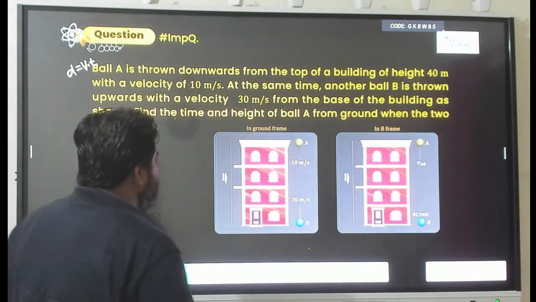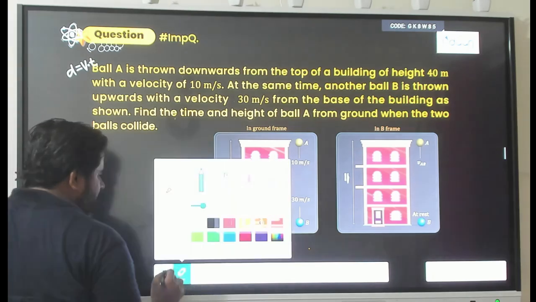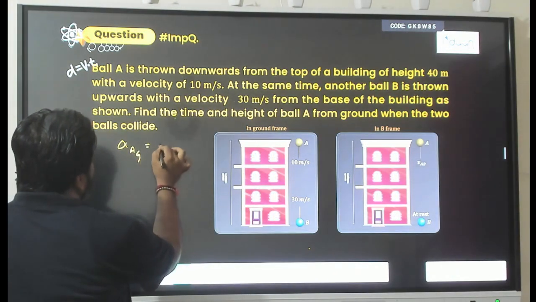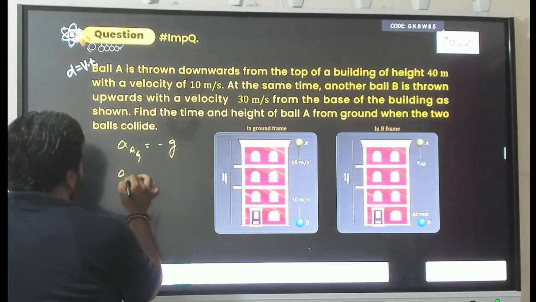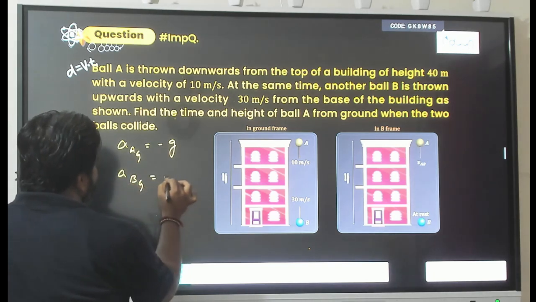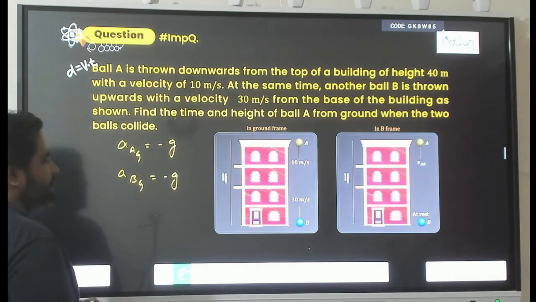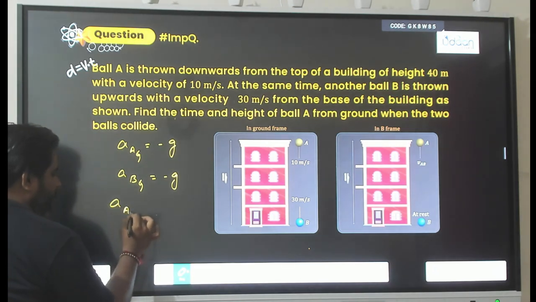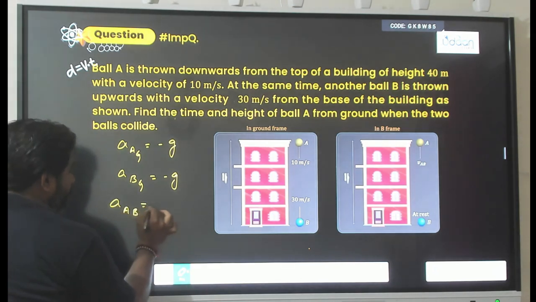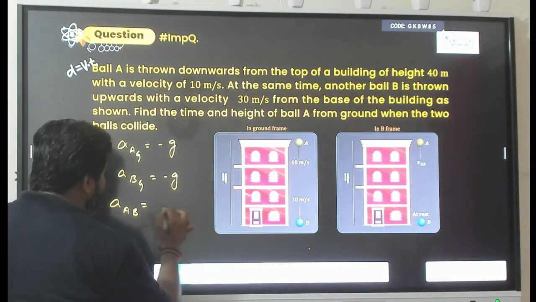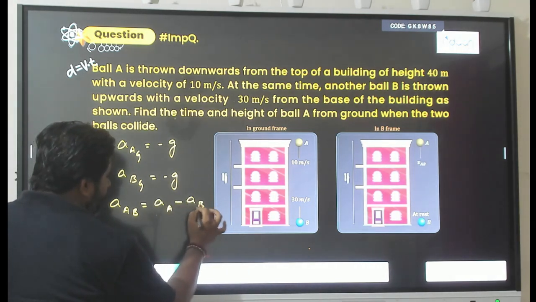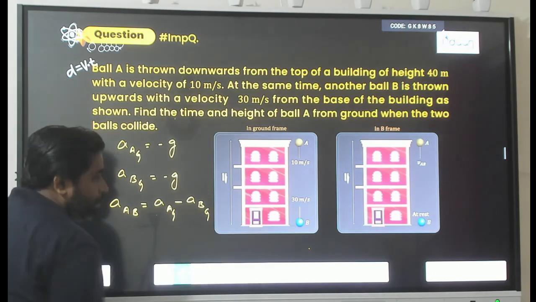Both are under the influence of acceleration due to gravity. So the acceleration of A with respect to ground will be minus g, and the acceleration of B with respect to ground will be minus g. If I ask what the acceleration of A with respect to B is, you could have understood in the last slide that we need to write the acceleration of A minus the acceleration of B, both with respect to ground.